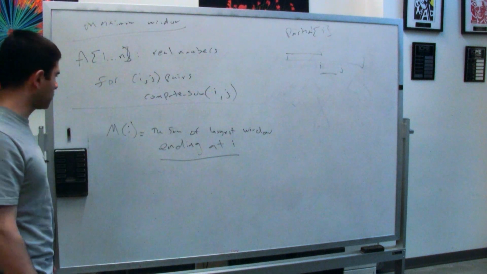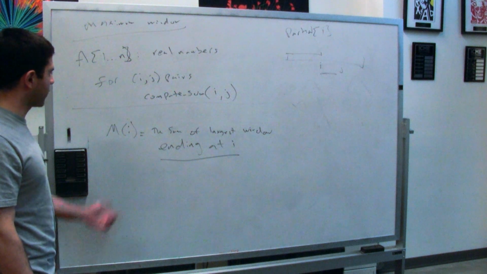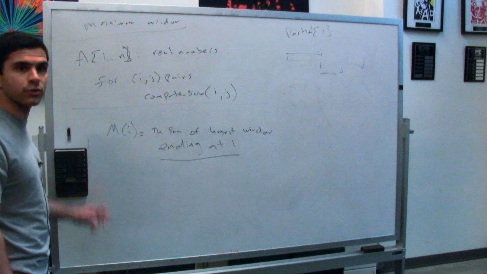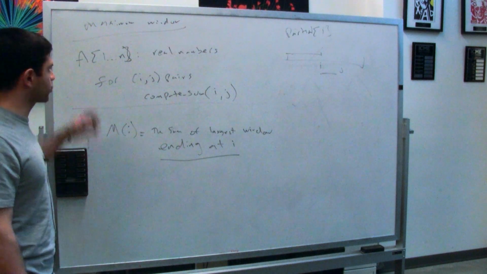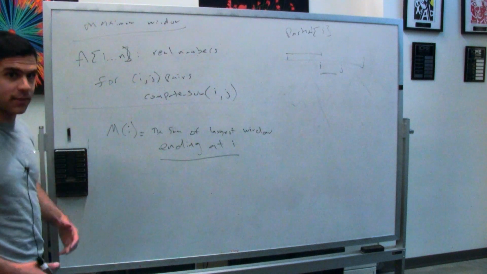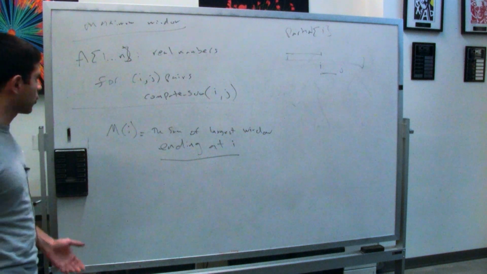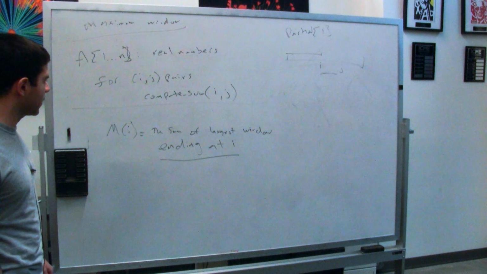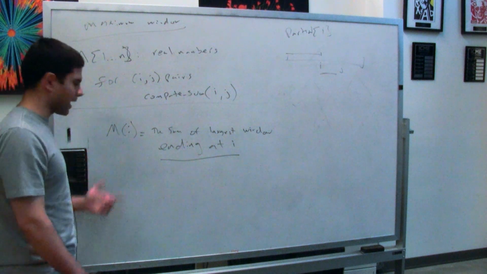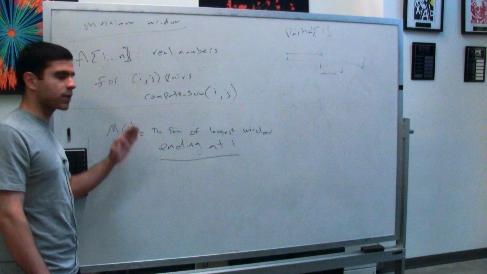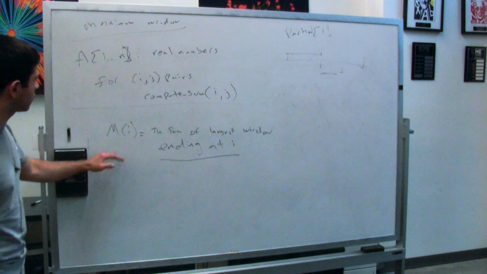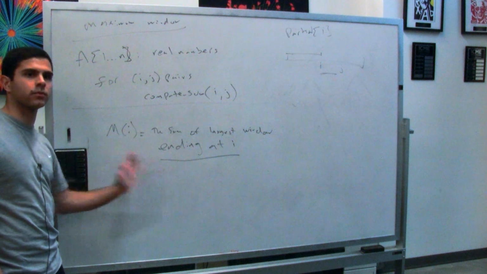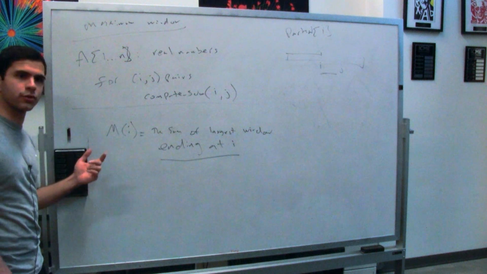Okay. So now, with this definition, I claim I can compute the original problem. Well, the original problem's maximum window must have ended somewhere, right? So with this definition, if I take M of i to be the largest window ending at i, and then take a max over all i of M of i, because the original window has to end somewhere, and this one is all about the ones that end in a particular place, I'll get the solution to the original problem.